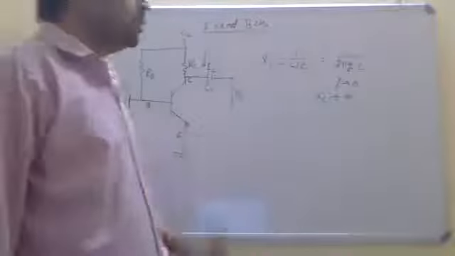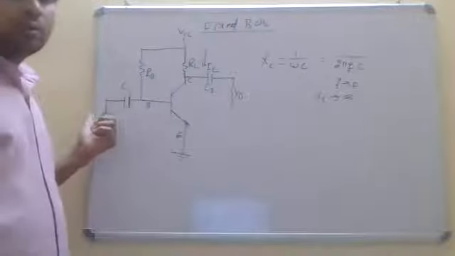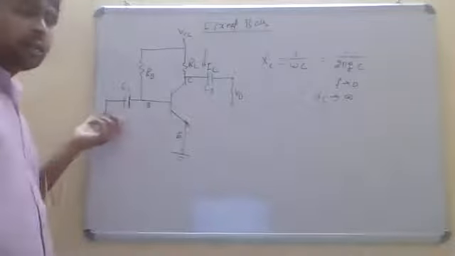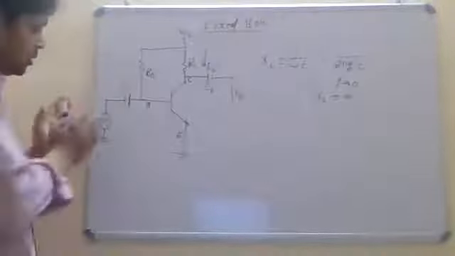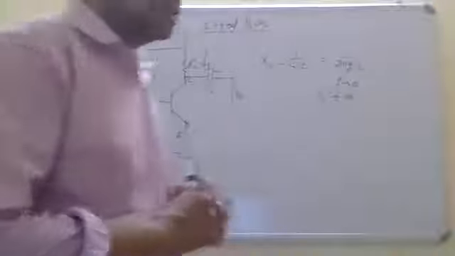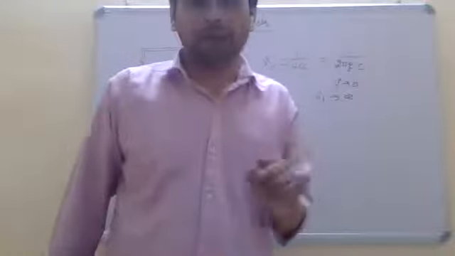How is this parameter XC linked to that circuit? Because we are using capacitors here and here. Suppose we use an AC signal here, it will pass, but with a DC signal we are going for DC biasing.